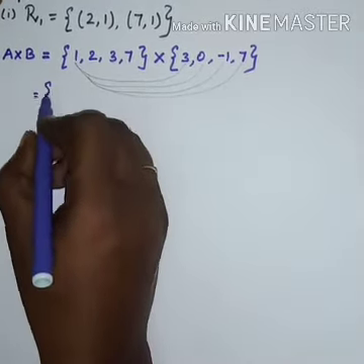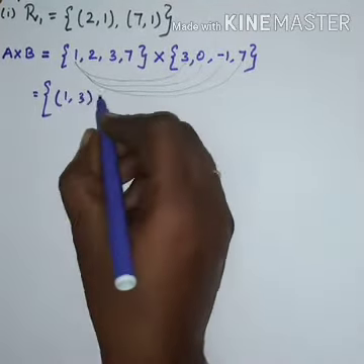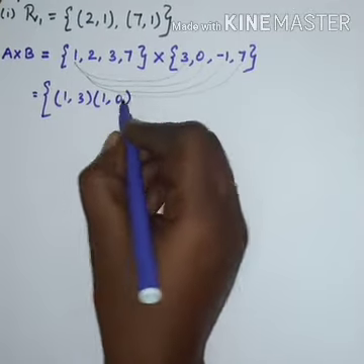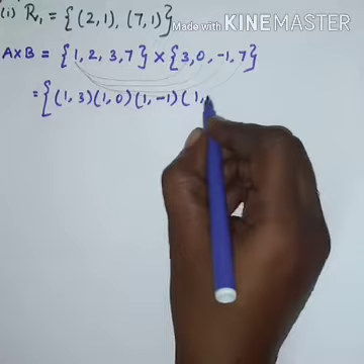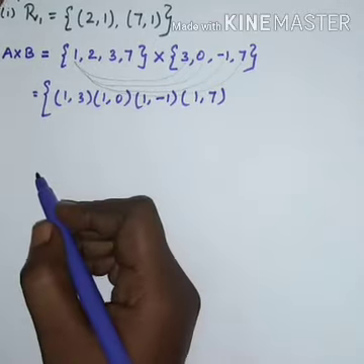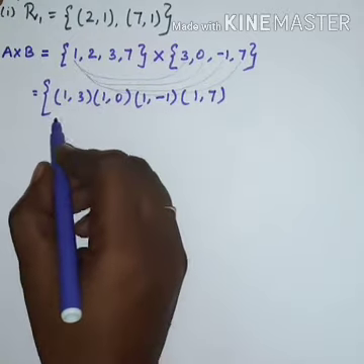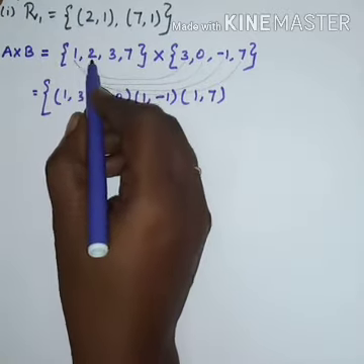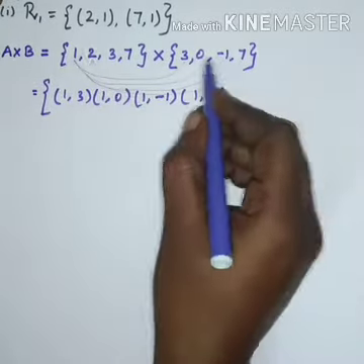So we have to pair 1 with 3, 0, -1 and 7. Then we have to pair the second element. Similarly, we pair the second element: (2, 3), (2, 0), (2, -1), (2, 7).